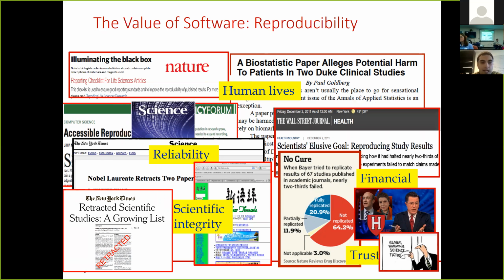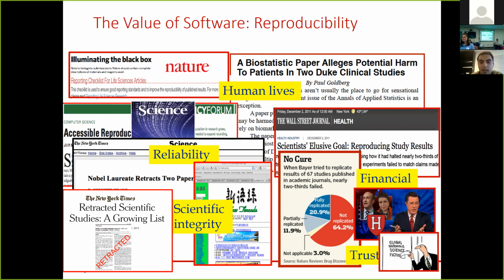We have seen how this may have an impact on human lives if the software, the computations, or in general the resources used within an experiment are no longer available when they need to reproduce the study, right? And we have seen an increasing number of retracted studies that are precisely not reproducible, and because of this, they had to be retracted from the original journals.